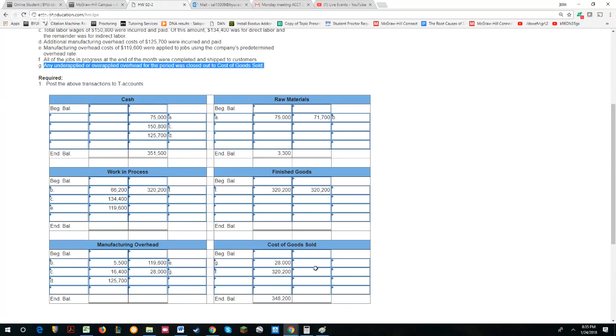And so I don't know if I did this right, but I took 28,000 that was from negative the manufacturing overhead. And I credited it and then debited cost of goods sold. Yeah, that sounds right. I just don't know if I do anything with this balance of raw material.